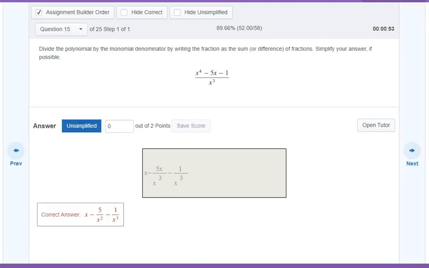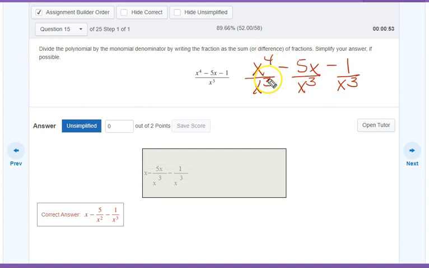Now, hopefully you're pausing the tape and seeing, what do I need to do to solve this? Well, we said you write it. And then you take what's in the denominator and put that under each term. And now from this stage, you simplify.